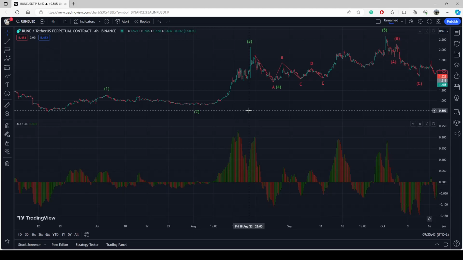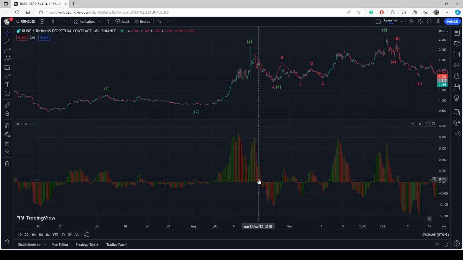So we had our highest peaks and we need to identify the cross below the zero line of the AO indicator right here. This gives us an indication that the fourth wave is in process and we should expect a correction, a continuation in correction within the fourth wave. Okay, so this is the second tip.